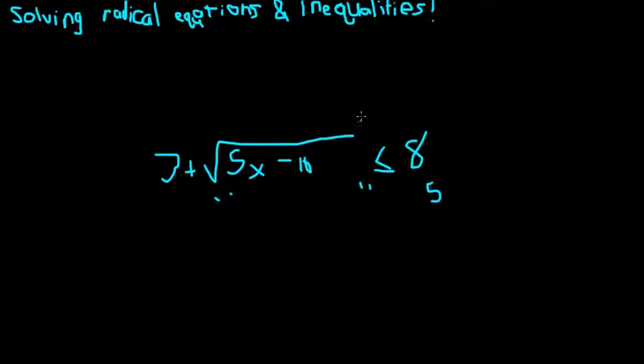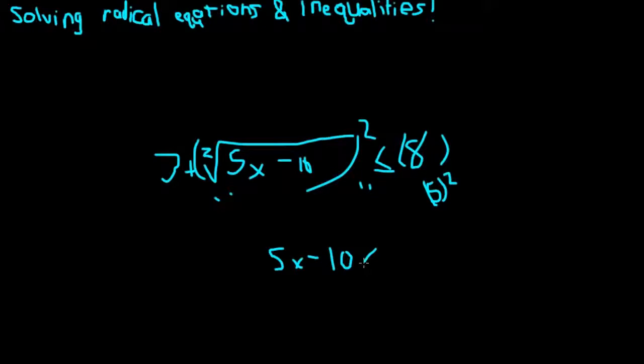And then you'd square this one since the index is automatically 2. So you square these two. This radical disappears, so you've got 5x minus 10 is less than or equal to 25.